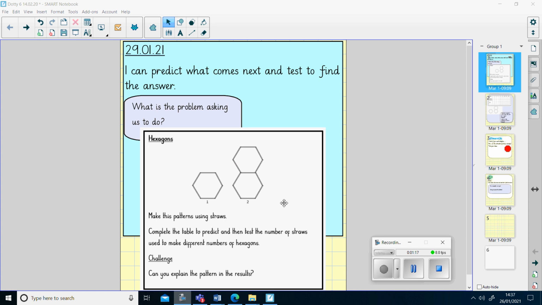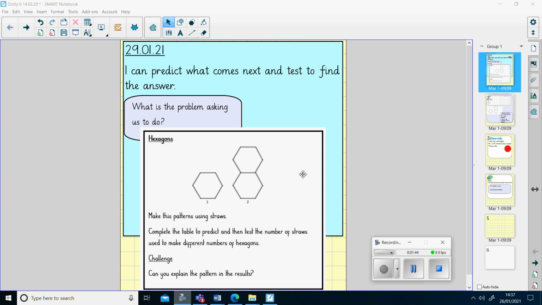So if I was to make 3 hexagons, I'm going to predict or guess how many straws I would need, and then I'm going to test it to find out. If you haven't got straws at home or any pencils or things that you could use, then you could draw the hexagons on some paper, and then you could imagine that each line that you've drawn, each side of the hexagon is a straw, and you'd be able to count them.